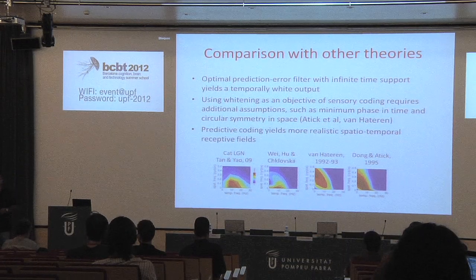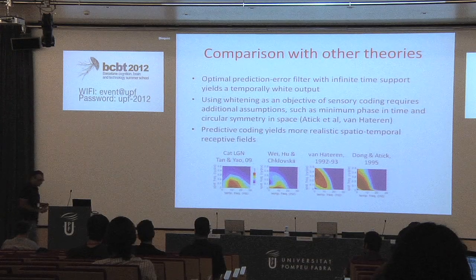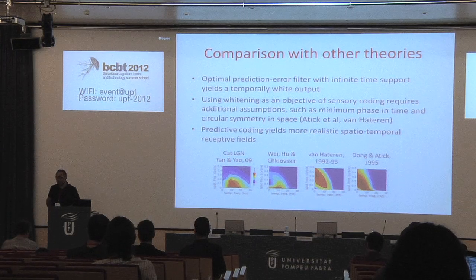But there's an important conceptual difference between the way I think Attic was approaching the problem. And I always had difficulty with this notion that one has to maximize mutual information between the spike rate and the stimulus, because it made an assumption that there was a communication channel coming in from the outside world.